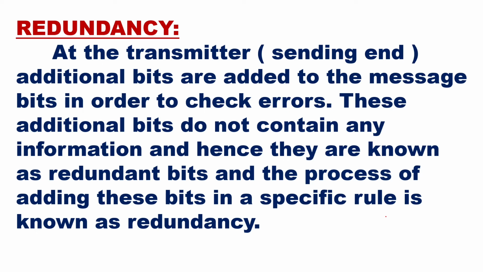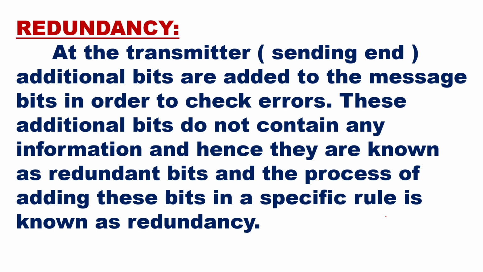So it is simple. While sending, you send some extra bits in a specific pattern along with the information bits. Those extra bits will not have any information, but they will be in a specific pattern, and they will be called redundant bits. This process of adding these bits is known as redundancy.